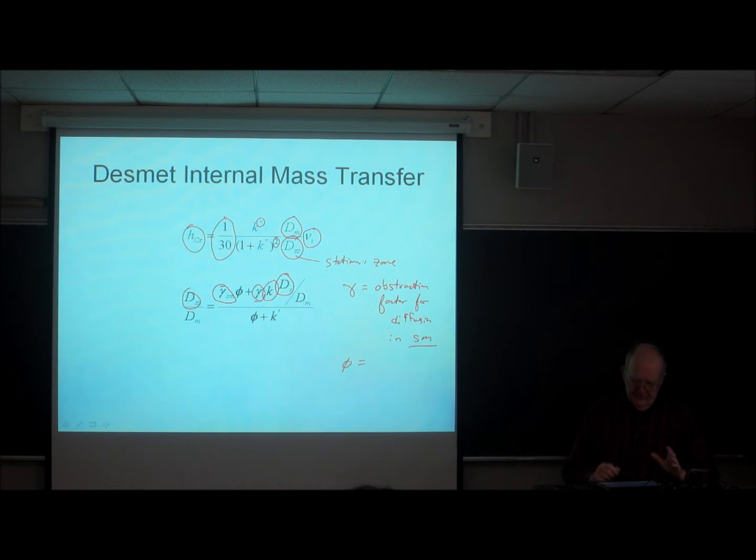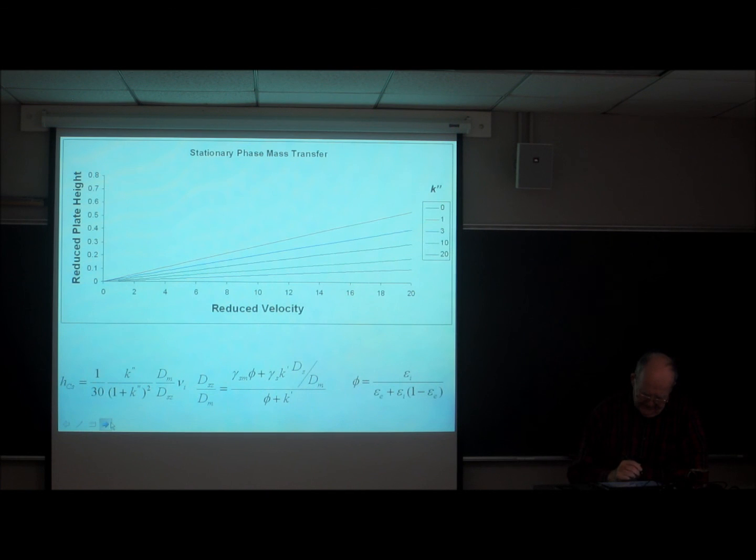Gamma S and gamma SM can only be obtained by doing the experiment and fitting the data. There really are not decent theories about this at all. There are theories, but they vary very widely in their predictions. This is the fraction of the pores that our solute can fit in.